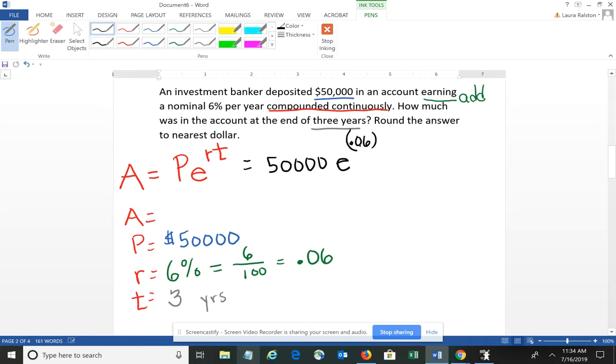And so there's the substitution. And then again, we walk it through the process on our calculator. I would start with doing the multiplication of 0.06 times 3. So if I pull up my calculator, I want to clear everything off the screen. I would do 0.06 times 3, which is 0.18.